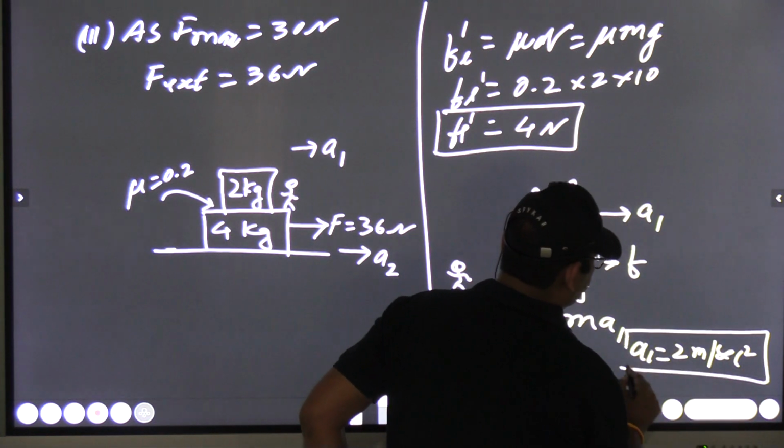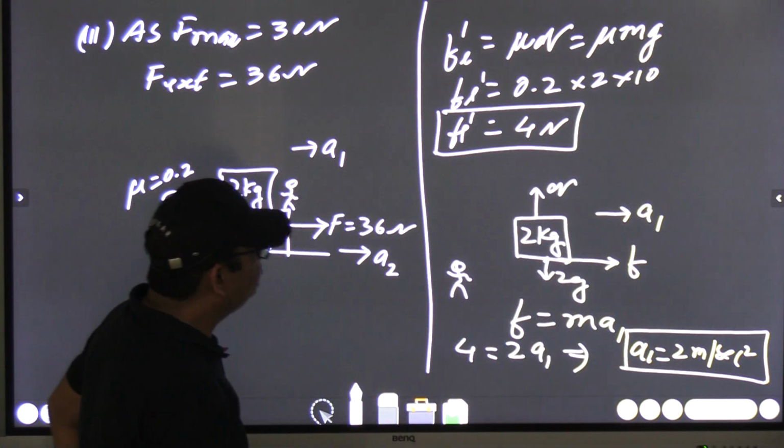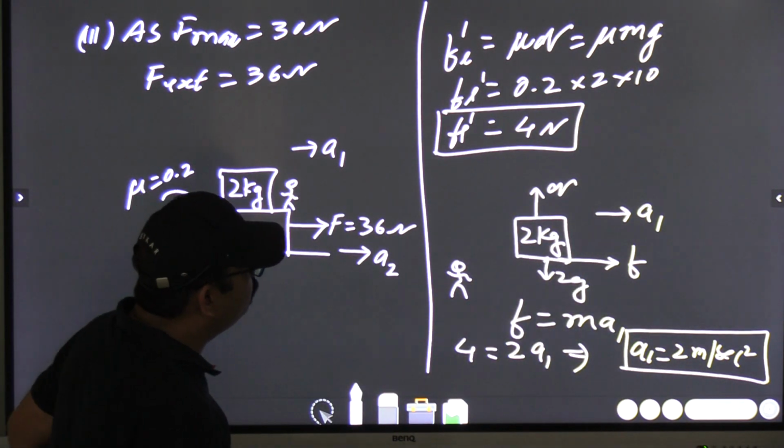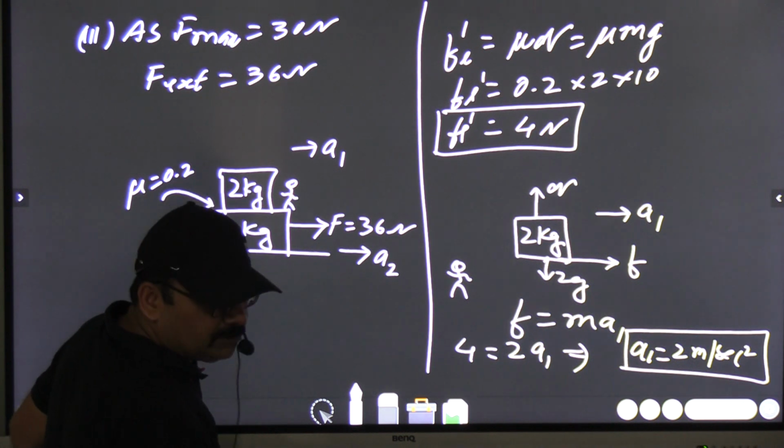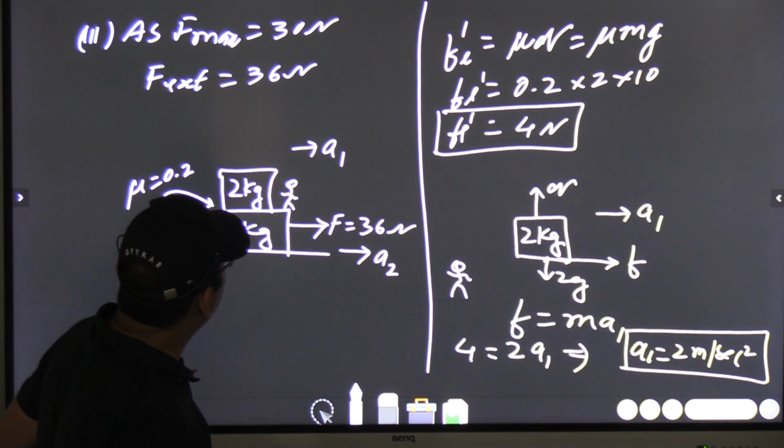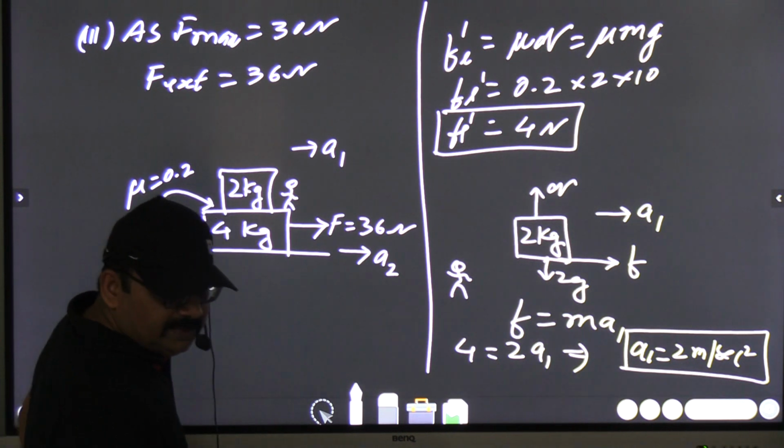There is limited space, so I am writing this on the next slide also, that acceleration A1 is equal to 2 meter per second square. Now let us see the situation once again.